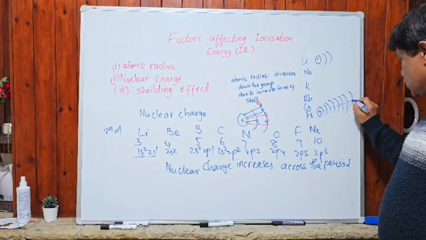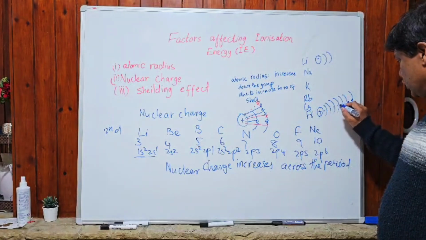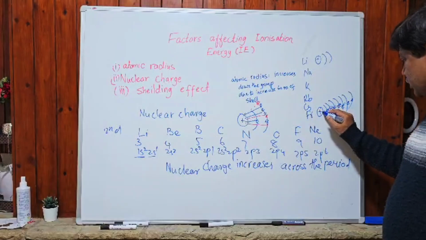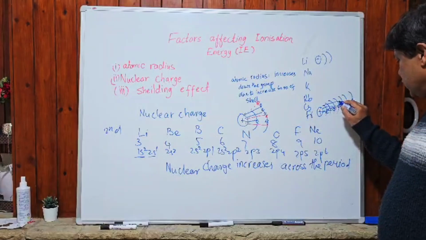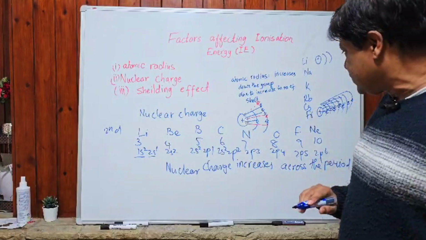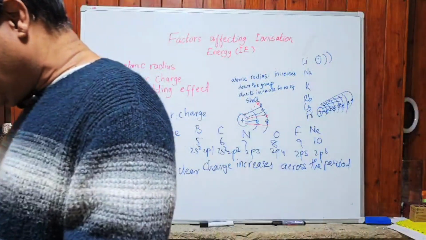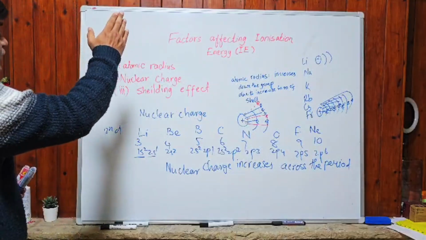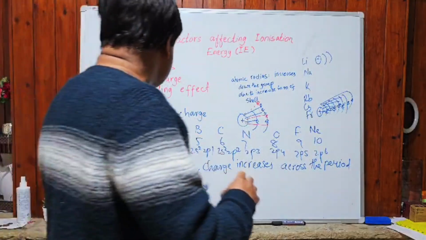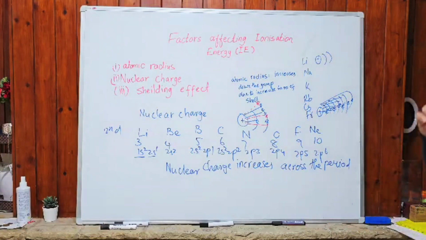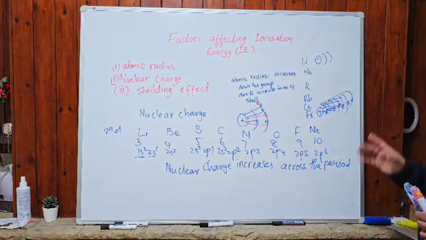Look at the outer shell electron. What happened to the force of attraction from here to here? It diminishes, it decreases, or it has no effect. So we are not considering the factor of nuclear charge when we move down the group. Nuclear charge is a good factor when we move across the period, not down the group.